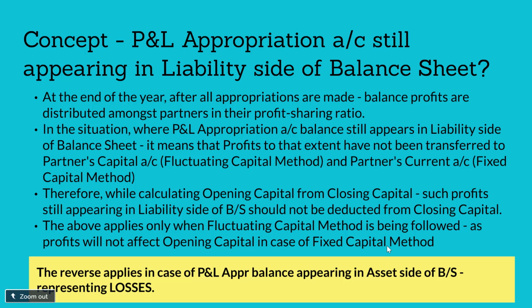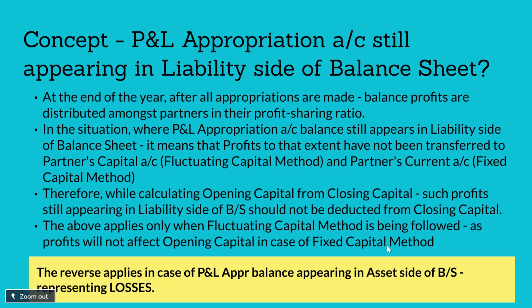Now this point is important when we try to calculate the opening capital from the closing capital. Such profits still appearing in the liability side of the balance sheet should not be deducted from the closing capital because they have not yet been transferred to the partner's capital accounts. Now this will apply only when we are calculating the opening capital from the closing capital where the fluctuating capital method is being followed.